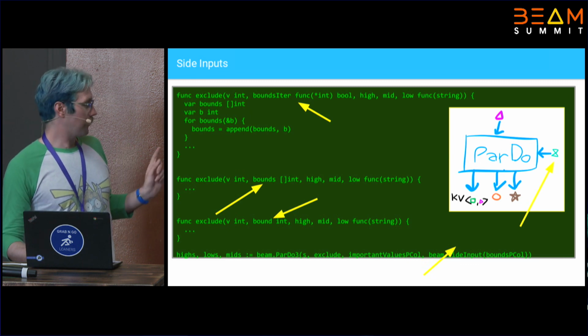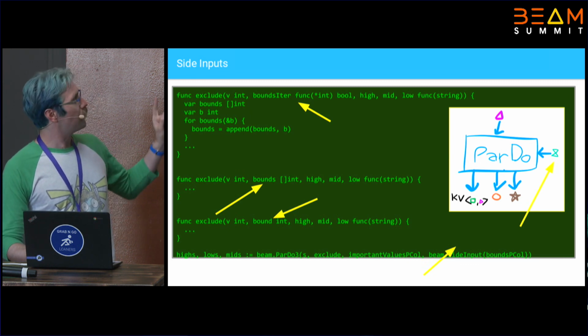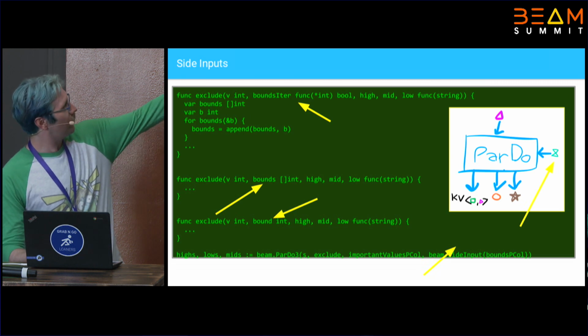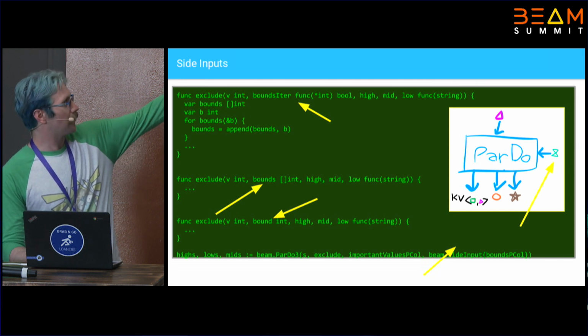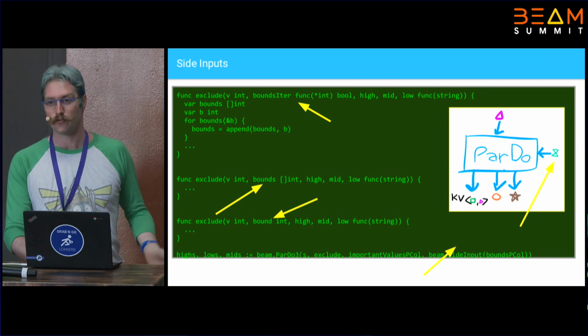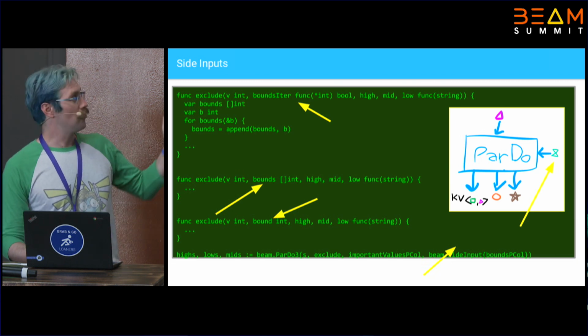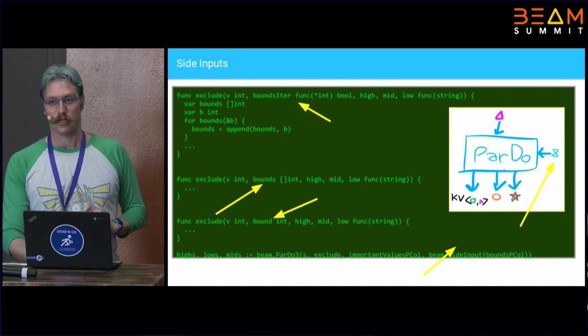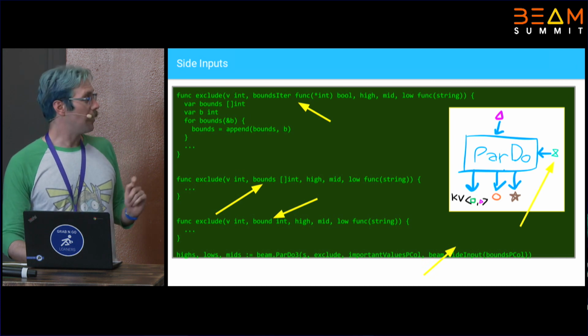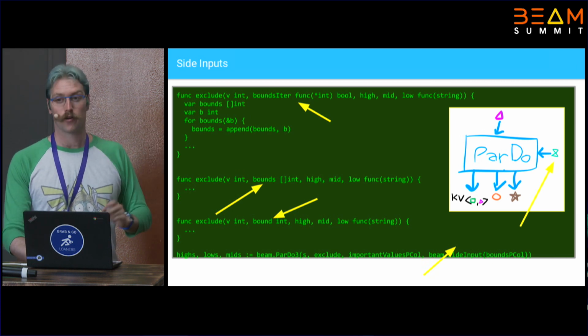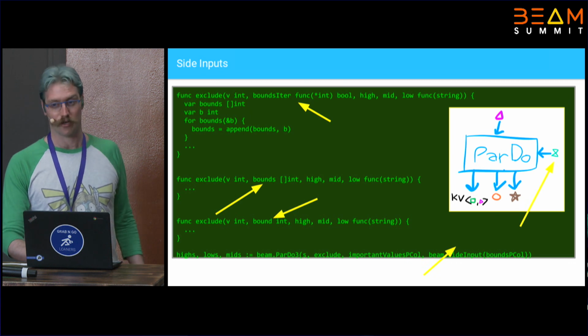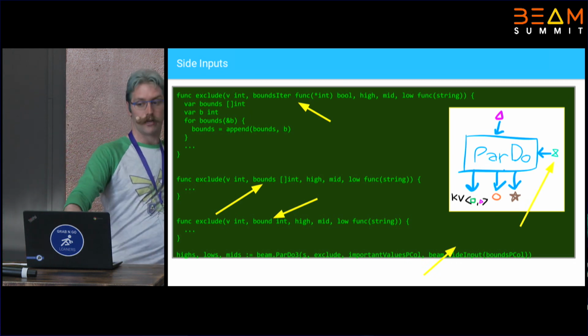So, for example, with the outputs of this one, you'll note that for the top level signature there, we have the high, mid, and low emitter functions and no actual return types for these DoFns. Those are returned in that order as PCollections from the construction function, and you can see that right there.